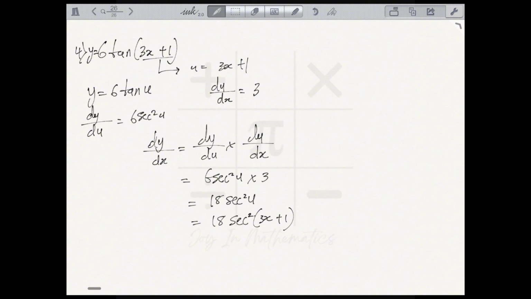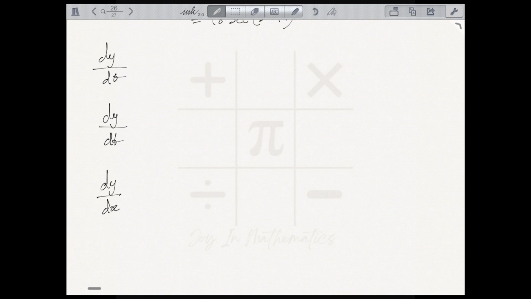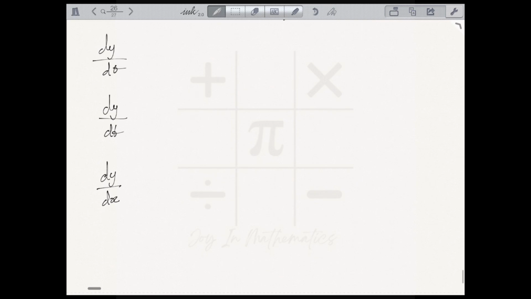Now we will notice a little bit that when we are doing, let's say, the dy/dtheta, the dy/dt, and the dy/dx, as we wrap up on this video, in terms of function of a function, the first is always the dy/du, which is being multiplied by something.